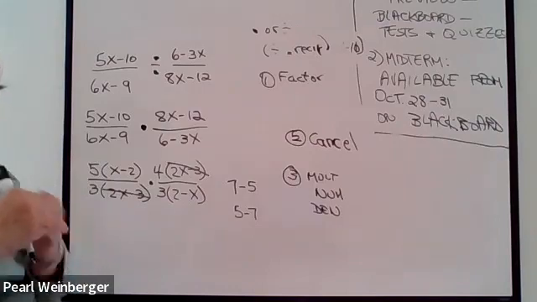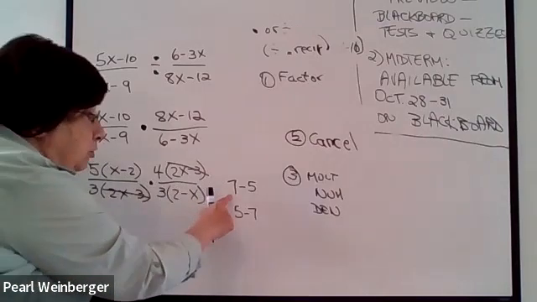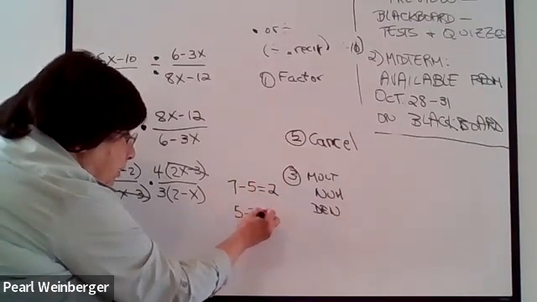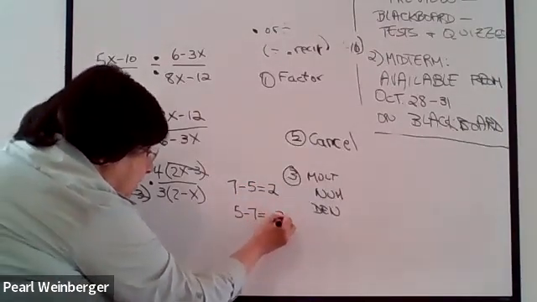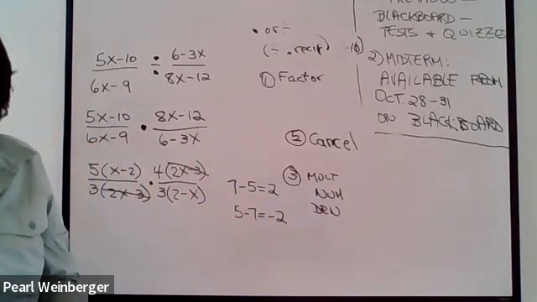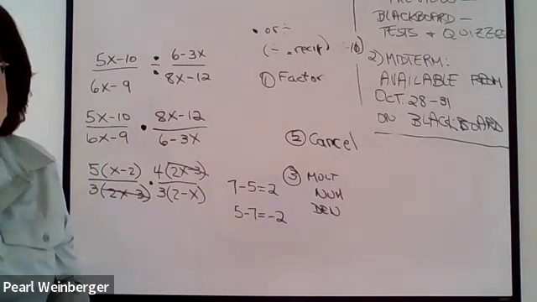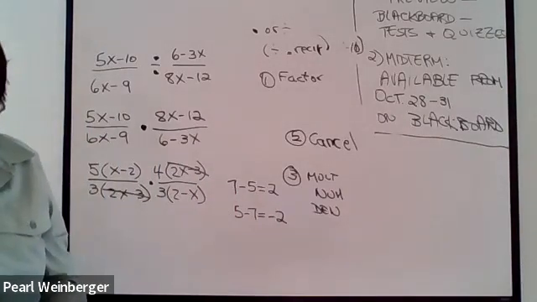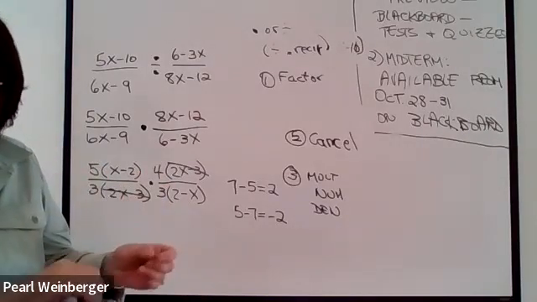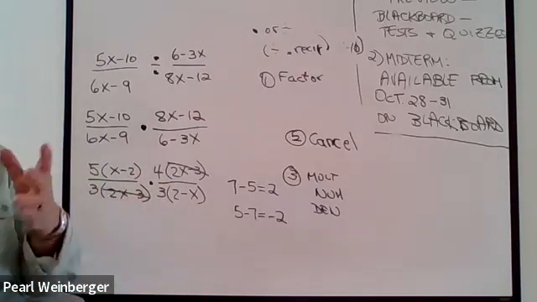But if you're subtracting, it certainly does. If I do 7 minus 5, I'm going to get positive 2. And if I do 5 minus 7, I'm going to get negative 2. Notice what happens: I get the same number, but the sign is switched.